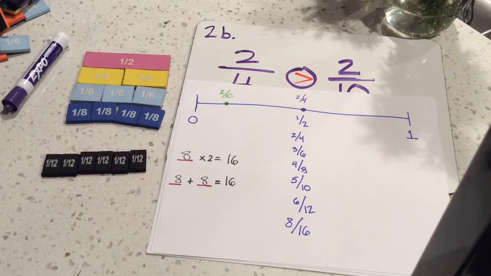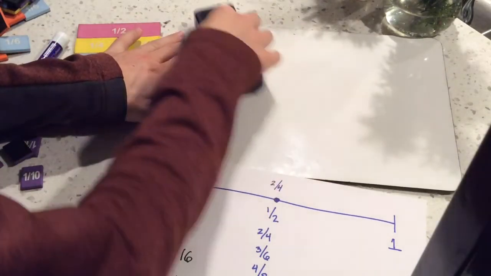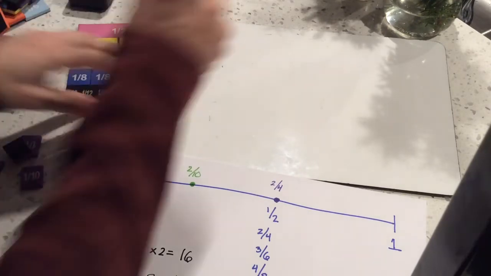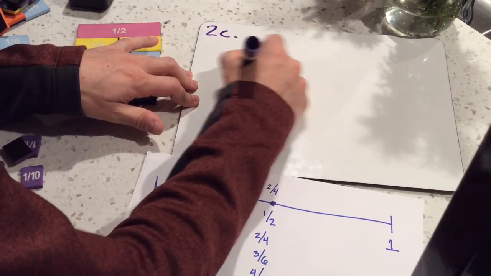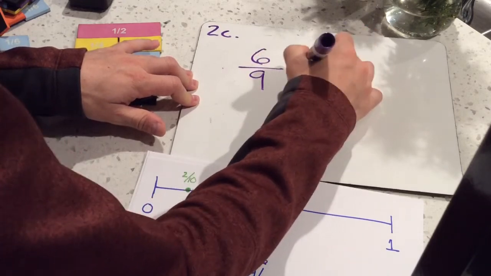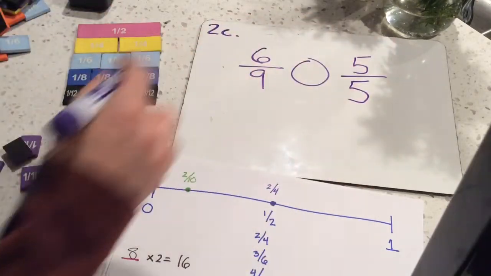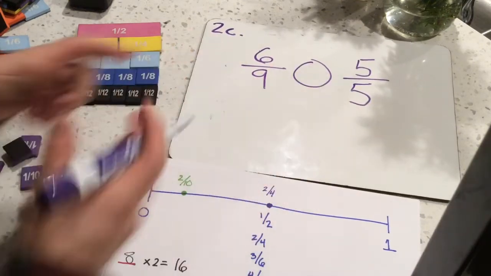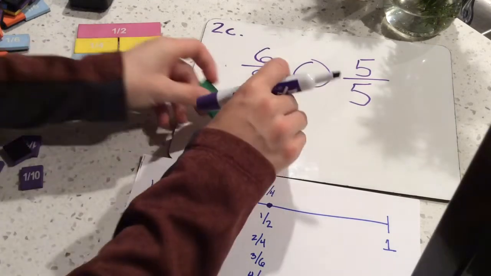If you have fractions, and you'll see this on the practice page, that have an odd denominator, so if I look at question 2C, we're comparing 6/9 and we're comparing 5/5. I have two odd denominators, so using that halfway point trick is not as useful here.